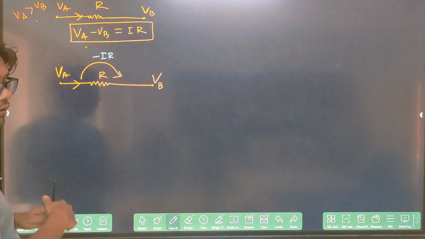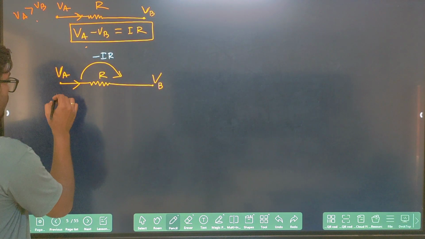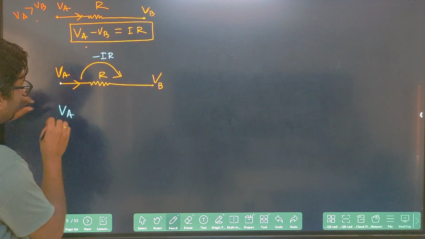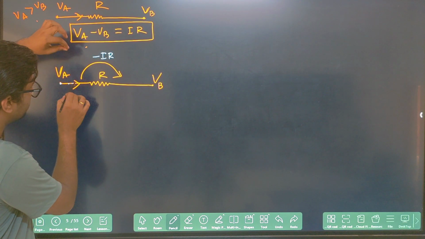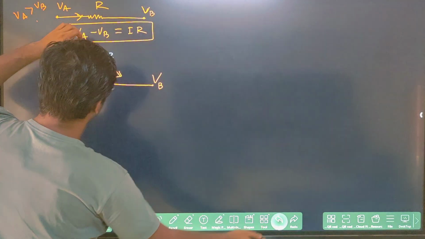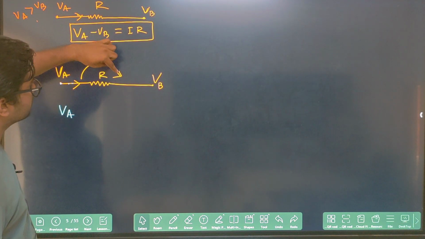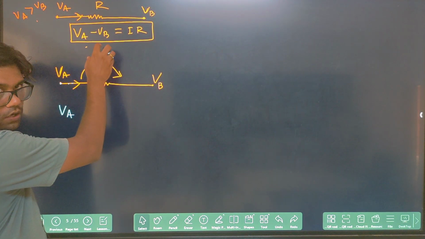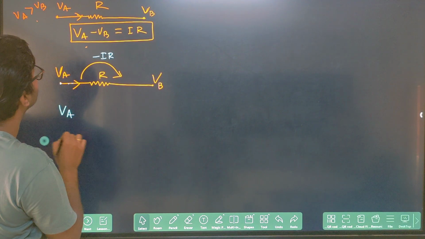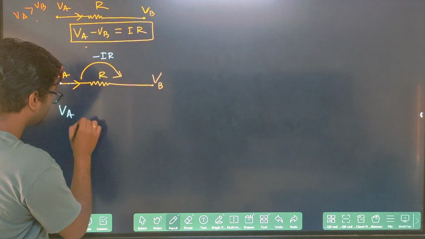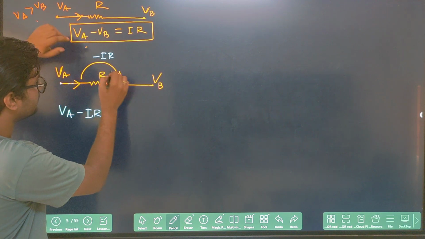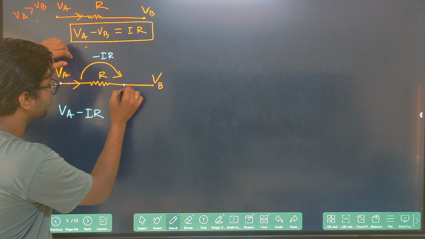Then I want to write this down. Obviously here the potential is VA, and here also the potential is VA. As soon as you cross this resistor, there will be a potential drop of IR. So you will write minus I into R. And when you reach here, the potential will be VA minus IR.